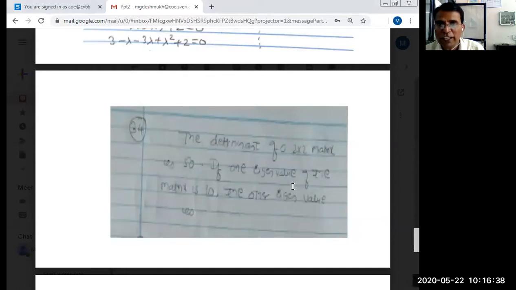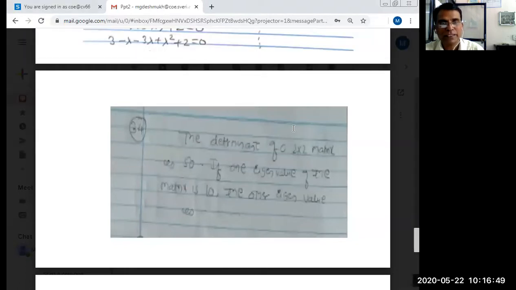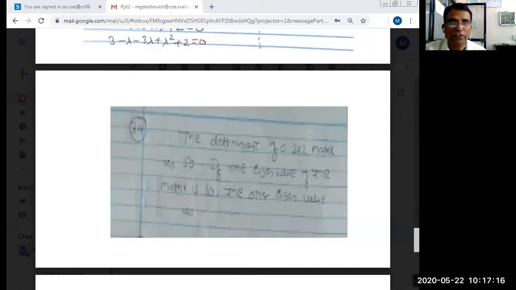If one of the eigenvalues of the matrix is 10, the other eigenvalue is. Yes. Now leave the previous question. Come to this one. You should do this in 1 second. Questions that are easy, finish in 1 second. Write the answer. The determinant of a 2 by 2 matrix is 50. If one eigenvalue of the matrix is 10, the other eigenvalue is. Yes, very good. 5, yes, right.